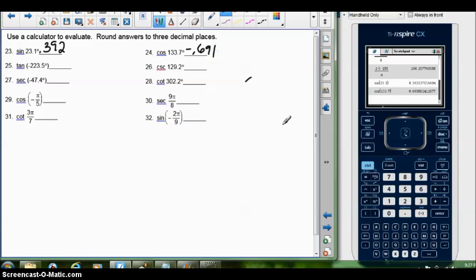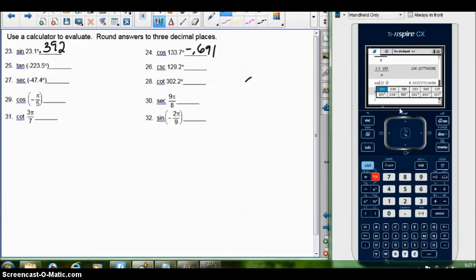Continuing on, tangent of negative 223.5 degrees, and that is negative 0.9489, so that's actually going to be negative 0.949.